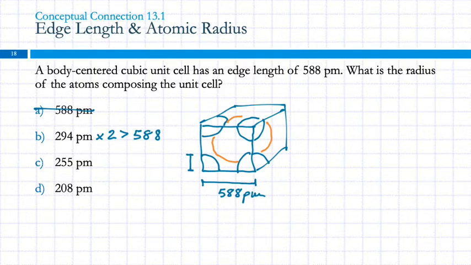That's going to be close to 600, right? And so that's probably not the right one. And then we've got 255. Times 2, this would be 510. And this is going to be 416.